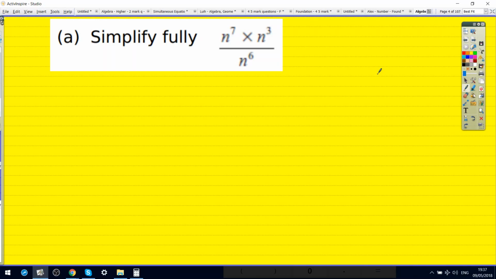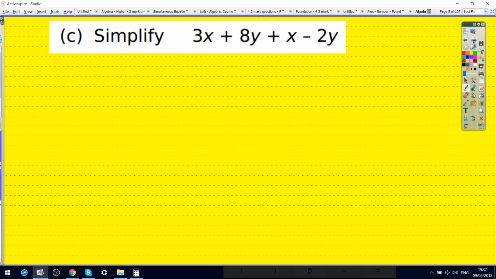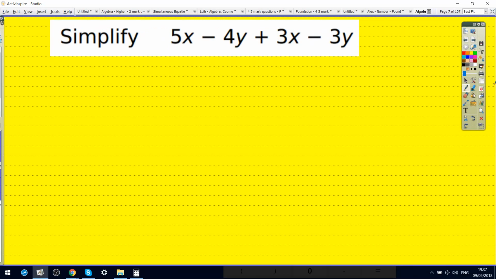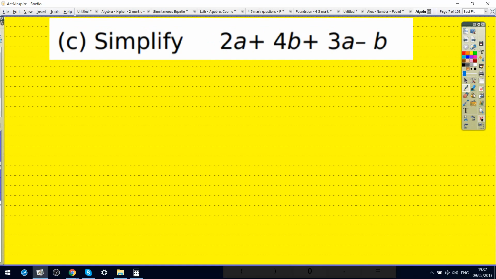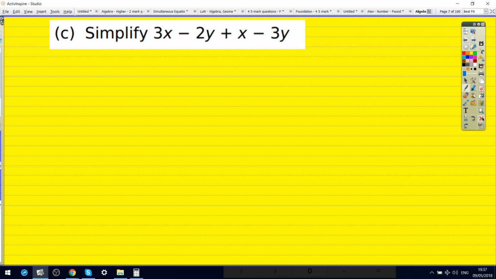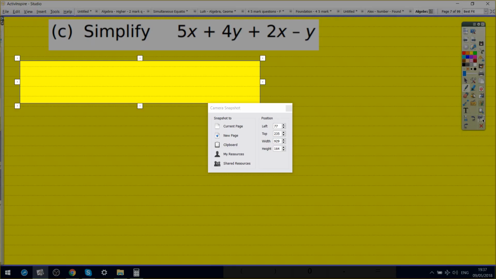That would be n to the power of 9 divided by n to the power of 6, so that would just be n to the power of 3. Yep. Fine.